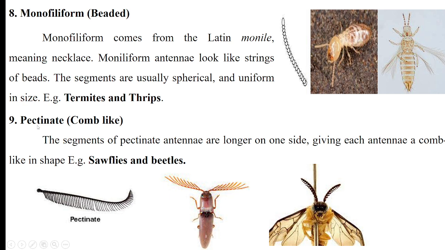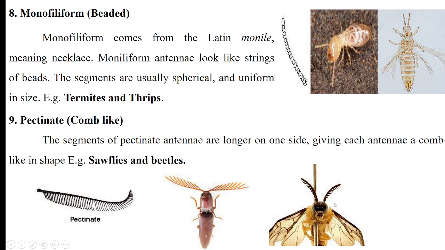Then coming to the pectinate type of antennae, this is also called comb-like antennae. Here, these antennal segments give lateral projections on one side, giving this antennae a comb-like structure. Hence this type of antennae is called comb-like pectinate antennae, and it is found in sawflies.